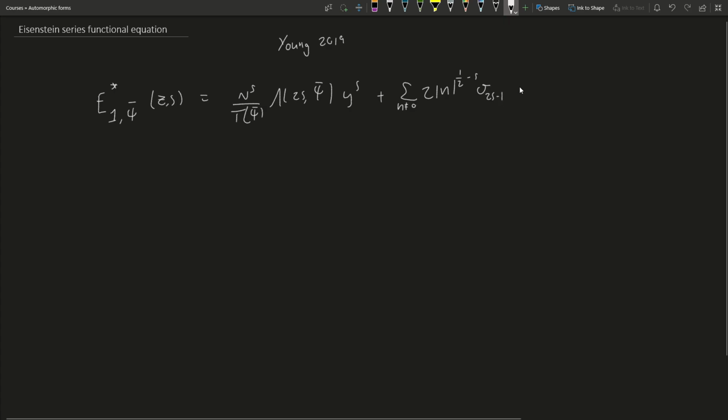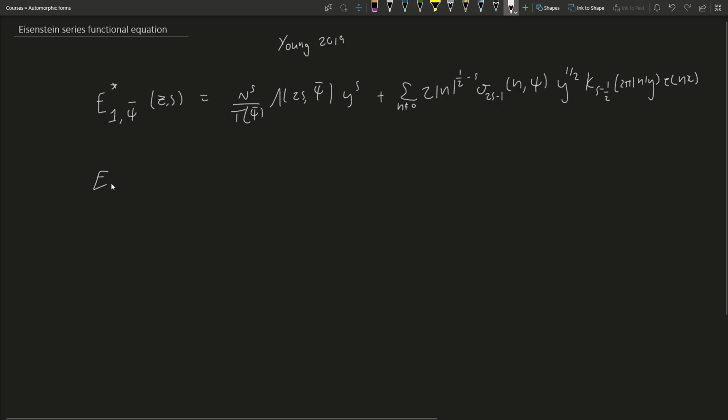Here sigma is the sum of divisors function, twisted by Dirichlet characters. And then we have our Whittaker function. This is the K-Bessel function. And here I'm going to write e(nx) as shorthand for e^(2 pi i nx).